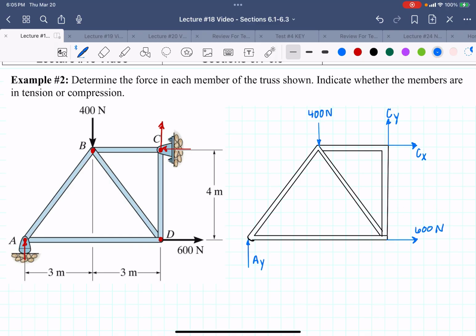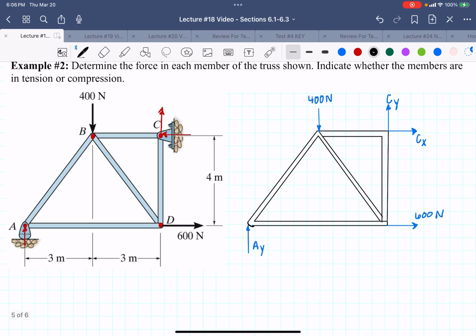Now I can use the moment equation in this example because I have distances between my forces, whereas at a point we don't. We're just looking at a point. I could solve the sum of forces in X first and I would be able to solve for C of X, but with C of Y and A of Y, I'm not going to be able to solve for those unless I use a moment equation.